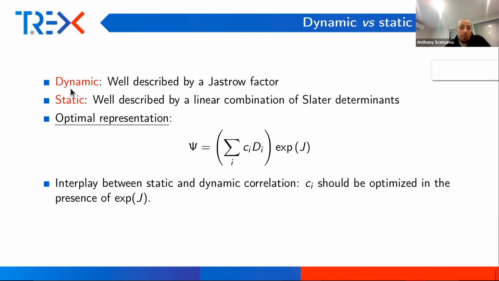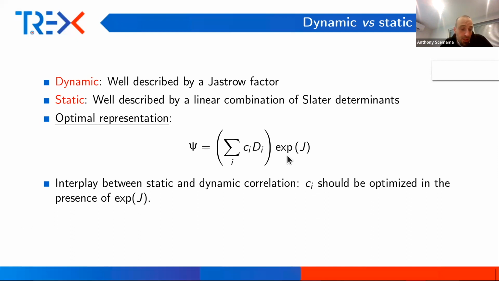Static correlation, which corresponds to quasi-degenerate states, is well described by a linear combination of determinants. So an optimal representation is to take both ways to represent correlation together in the same wave function: this part to represent the static correlation, and the Jastrow factor to represent the dynamic correlation.